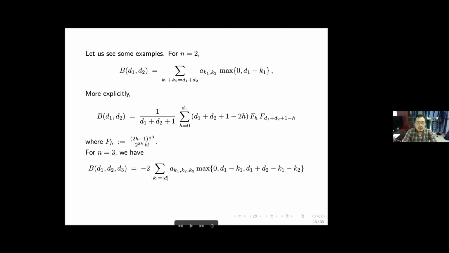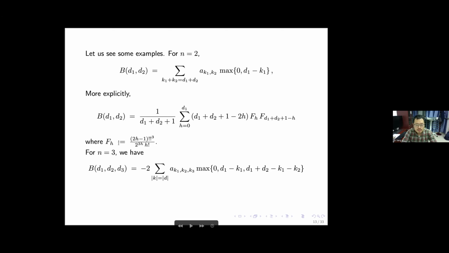Let's see some examples. For n equals 2, we have a more explicit formula, and from this the two-point BGW numbers B_D1D2 can be represented as a very simple sum.